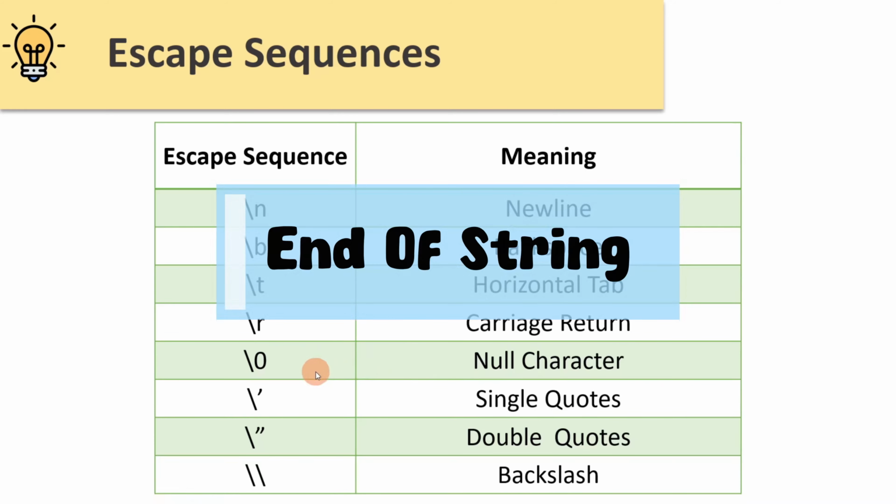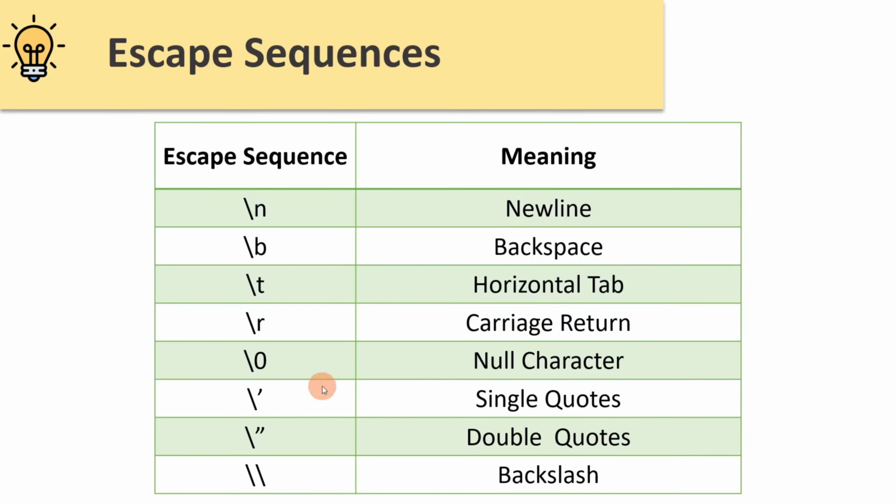So at the very end of a string, you can find this null character. We have other escape sequences also to represent single quote, double quote, and backslash itself. So as you can see, we have various special characters that we cannot represent directly. In order to represent these special characters, we use escape sequences.